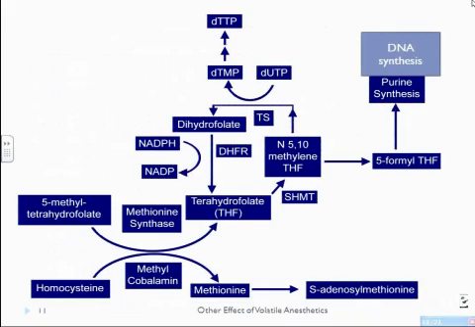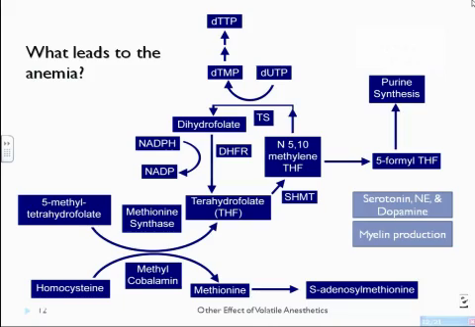This is the natural pathway for DNA synthesis, for your purine synthesis, as well as the formation of a thing called S-adenosylmethionine. What you see down here, the methylcobalamin, is the agent that's going to be affected by nitrous oxide exposure in somebody who has vitamin B12 deficiency.